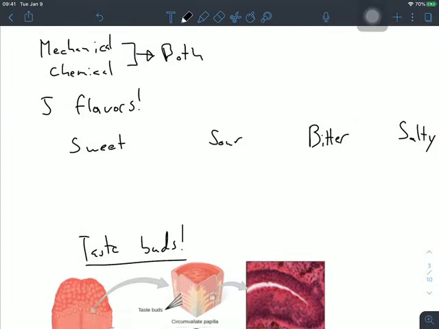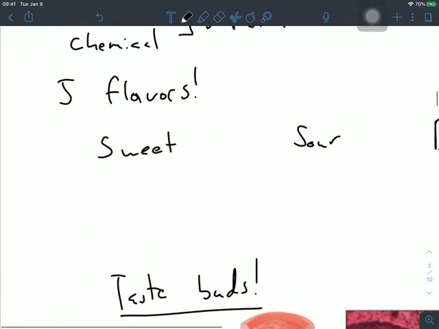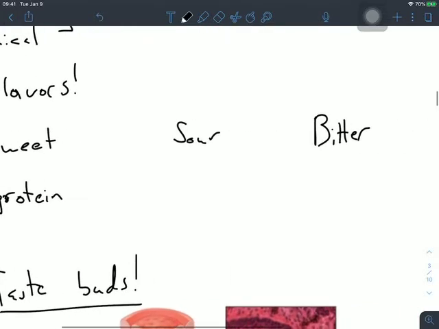Our sweet flavors will rely on a G protein coupled receptor, so a signal that is actually able to transverse across the membrane. G proteins are often referred to as molecular switches. They use GTP and GDP to turn on signals or turn off signals inside or outside the cell.